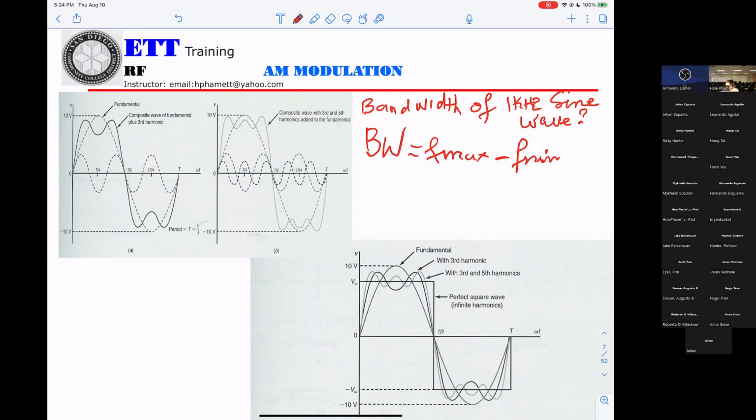Okay, so the bandwidth of the 1 kilohertz sine wave will be 0. Then 1 kilohertz minus 1 kilohertz, you get 0.